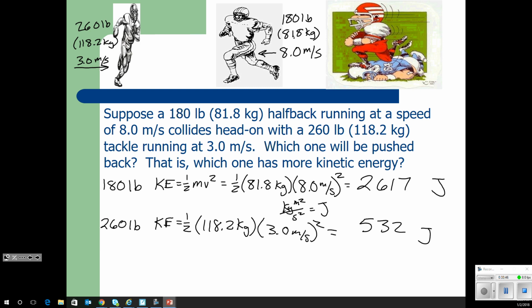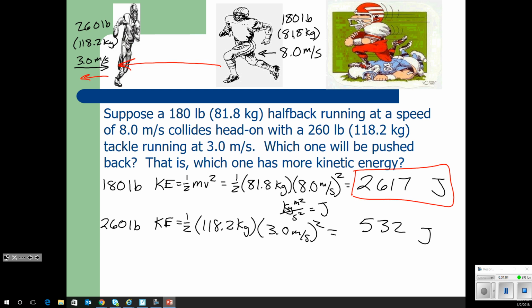Okay, so this one right here has a lot more energy. Even though he's lighter, because he's moving faster, the velocity actually causes him to have more energy. So this guy is going to push this guy back.